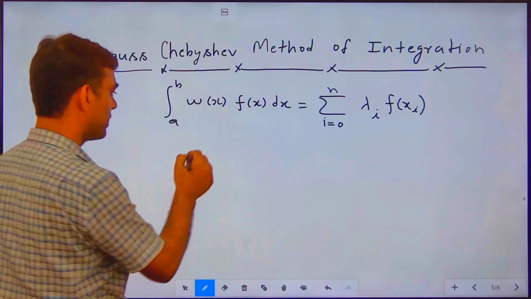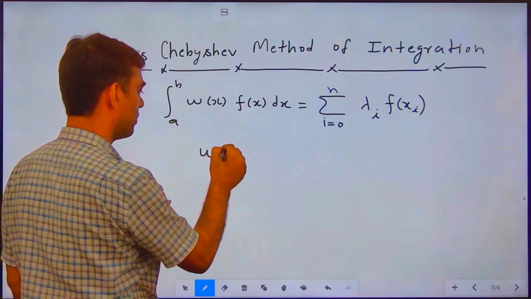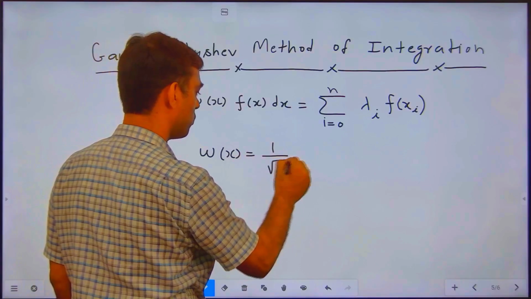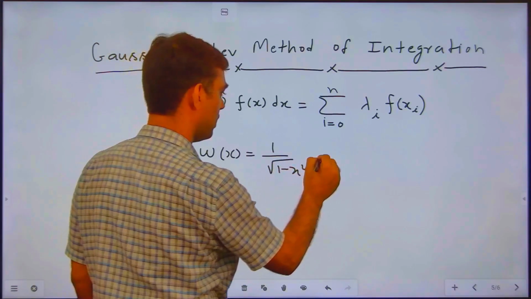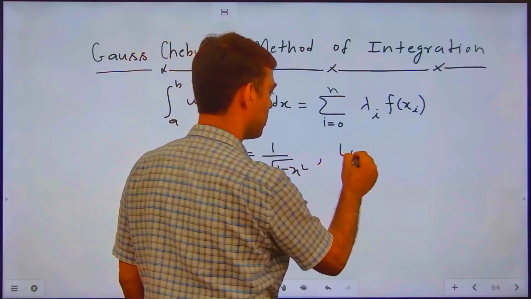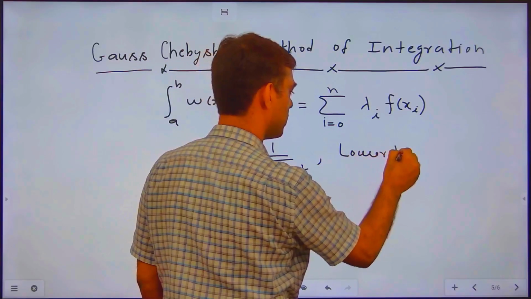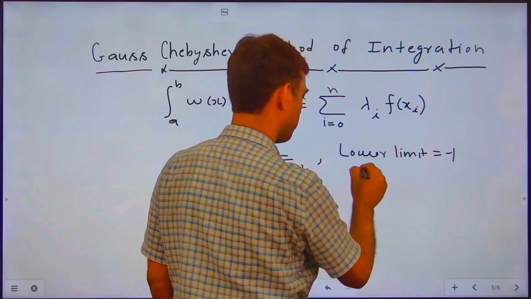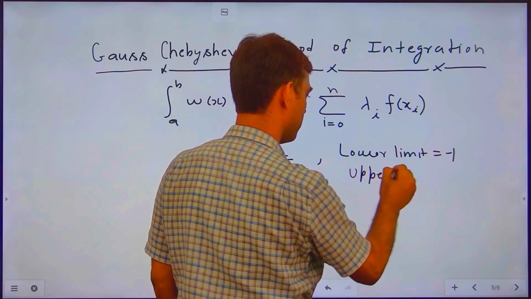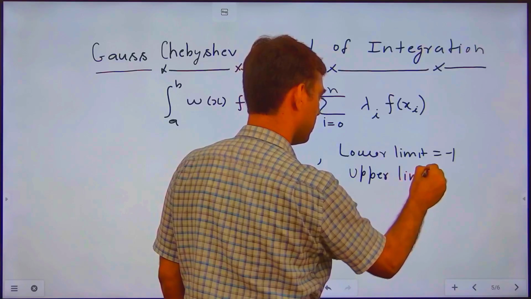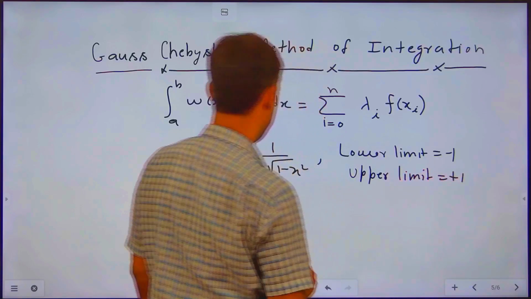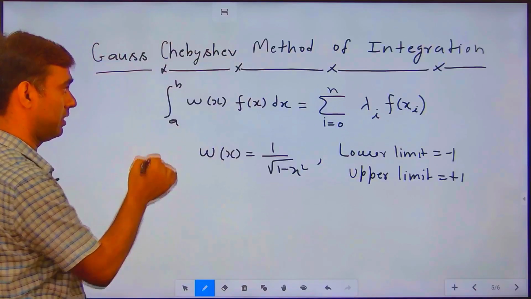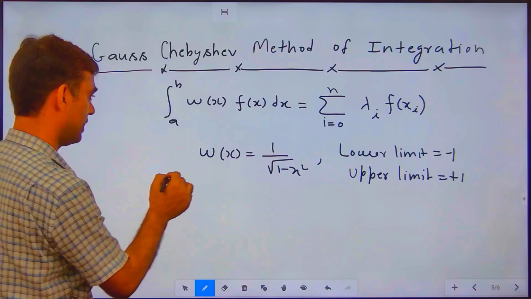So, if w(x) equals 1 upon under root 1 minus x square, with lower limit minus 1 and upper limit plus 1, what is the Gaussian Chebyshev form of integration?